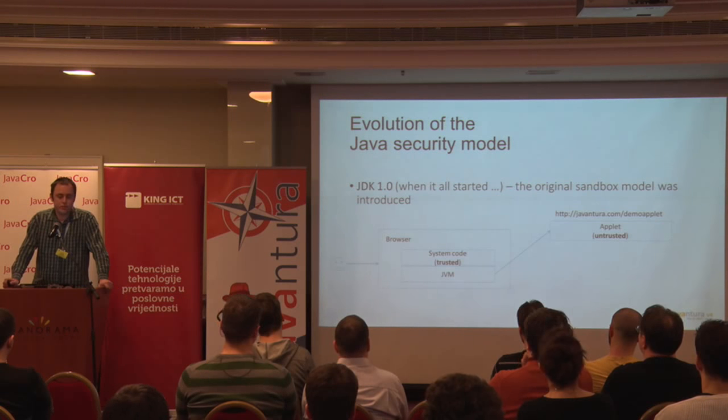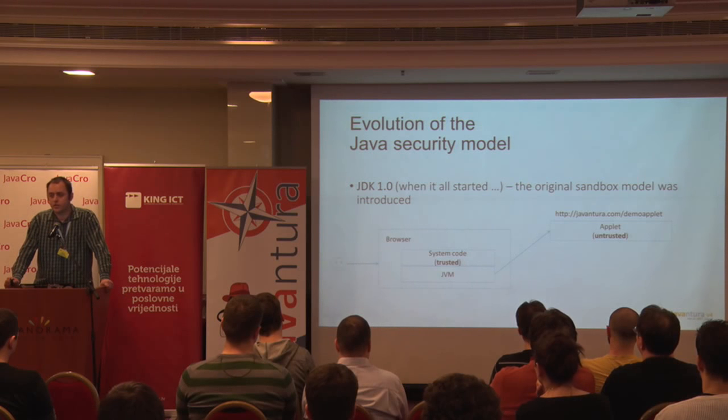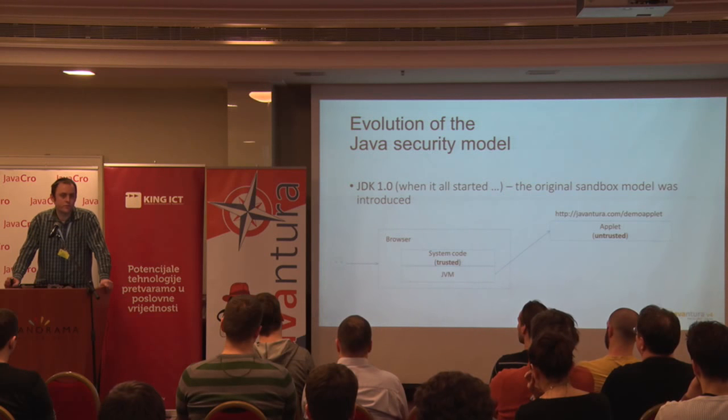In Java 1.0, when it all started, essentially the sandbox model was pretty simple. You had the JVM running inside your browser, and you also had various Java applets which were executed from different locations in your browser. The source code of the JVM, with all of its classes, was treated as trusted, meaning that it can do everything with your system: create files, open sockets, and so on and so forth.